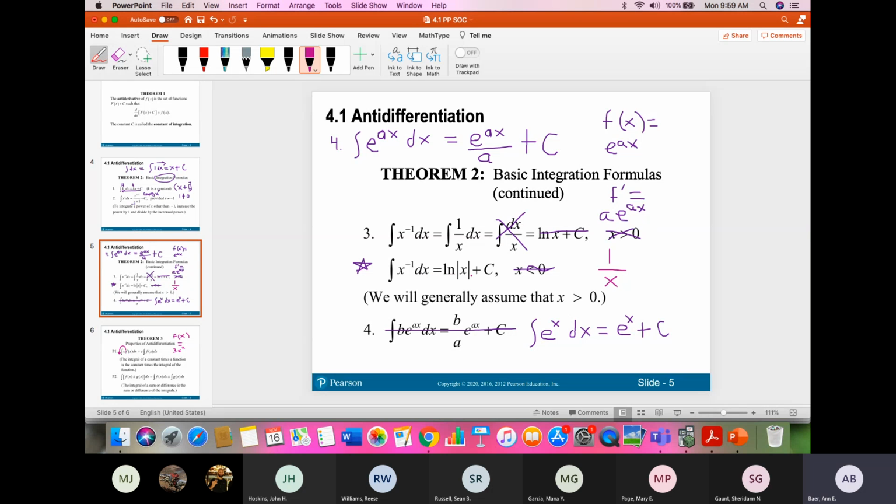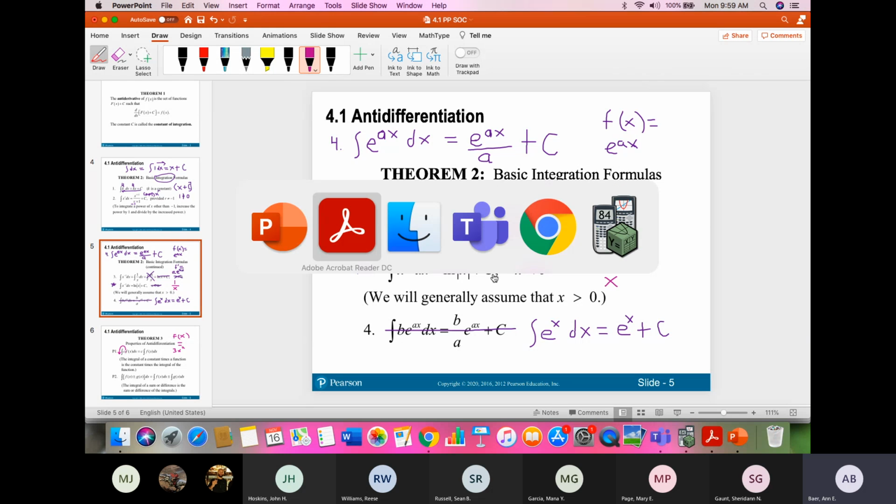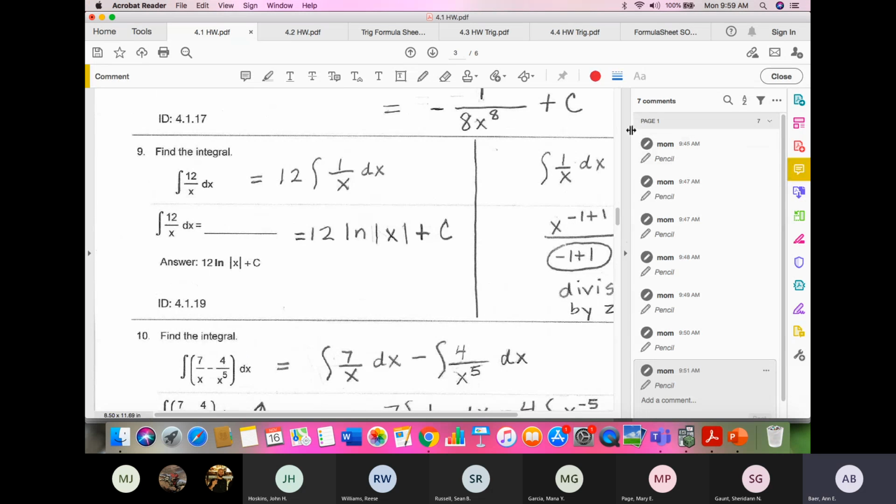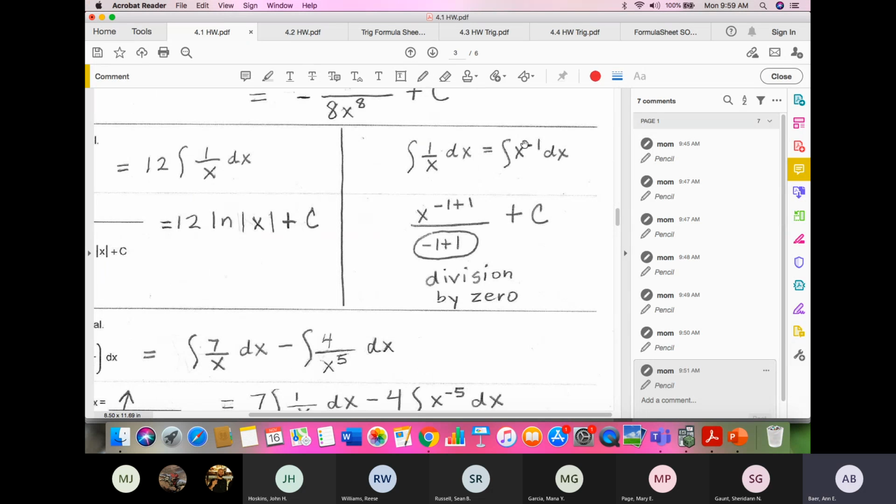So that is ln of the absolute value of x plus a constant. Like that. So you might want to jot down, I rewrote this rule over here. You might want to jot down this rule. It's a really good rule to have.